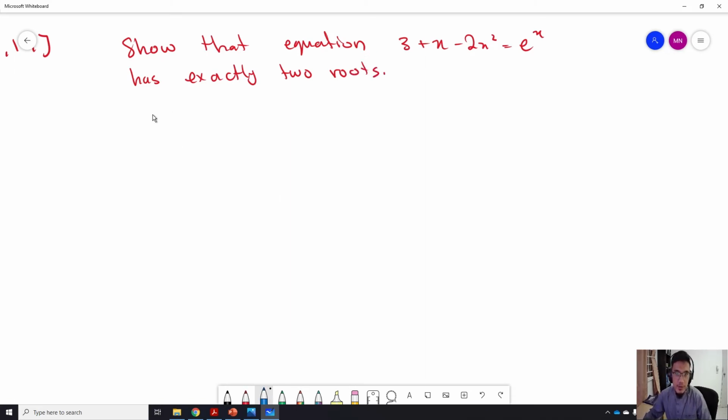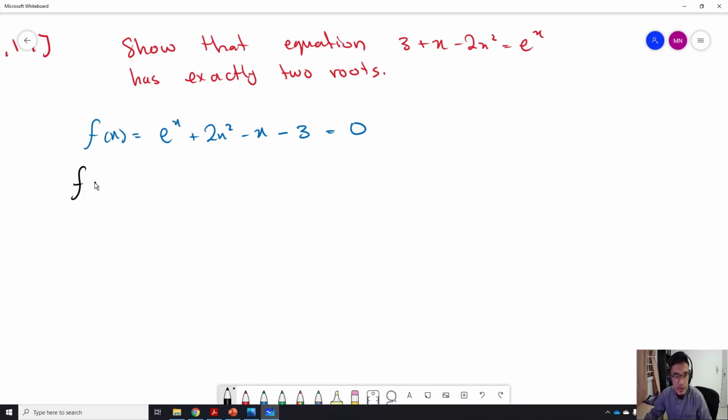Okay, so what we have right here is f(x) equal to e power of x plus 2x square minus x minus 3 equal to 0. Okay, first let's try by trial and error. So you can try any number.